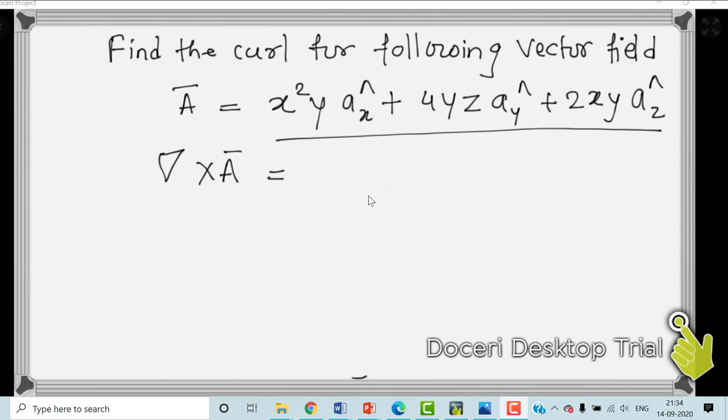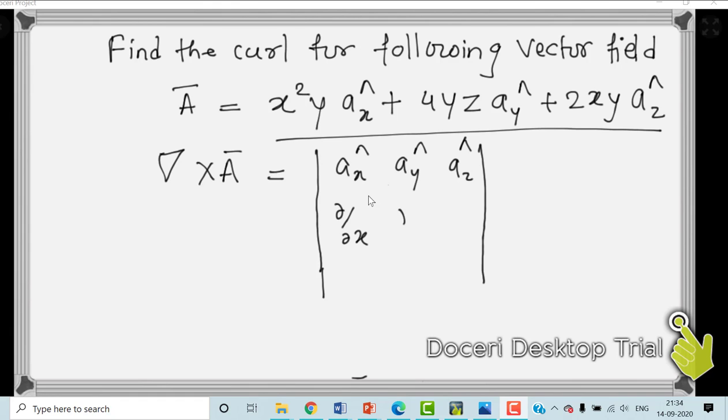So what is the equation in the determinant form? That is the simplest way to remember. It is ax cap, ay cap, az cap, dou by dou x, dou by dou y, dou by dou z, and then we require the ax component of vector A, the ay component of vector A, and the az component of vector A. So this is the equation to find the curl in the Cartesian coordinate system.